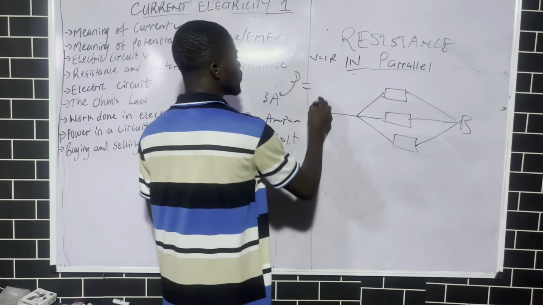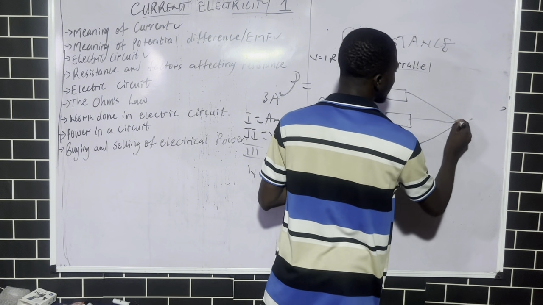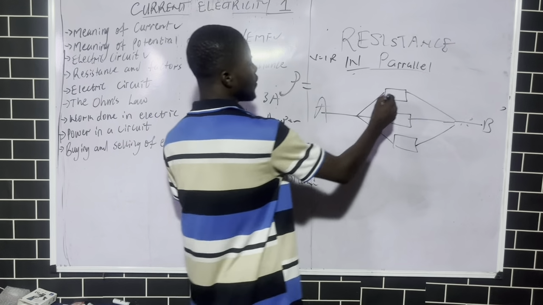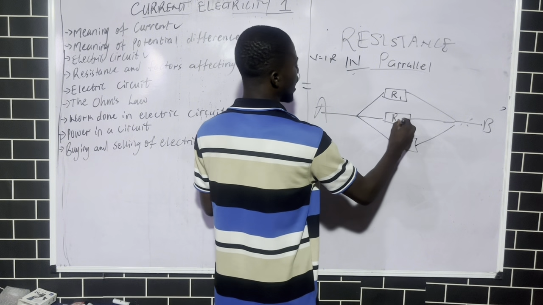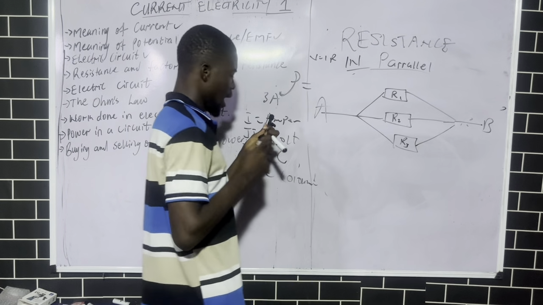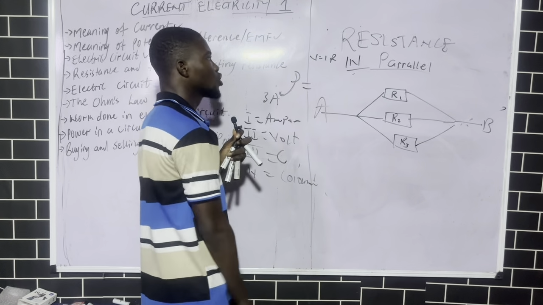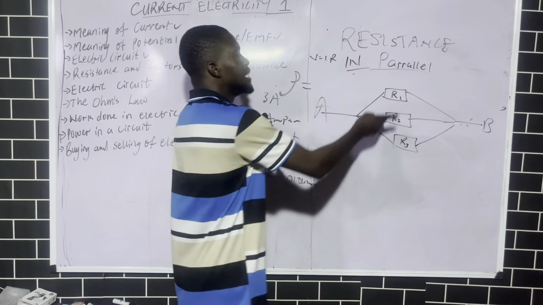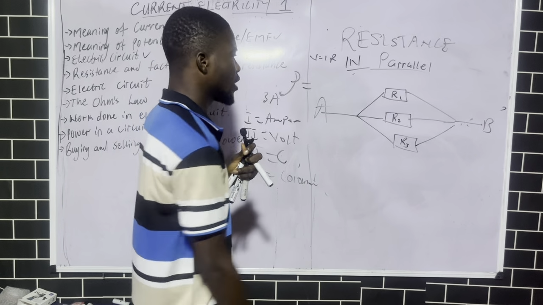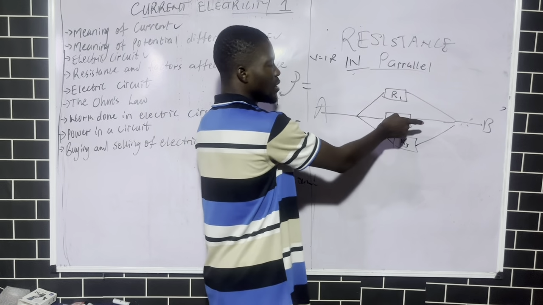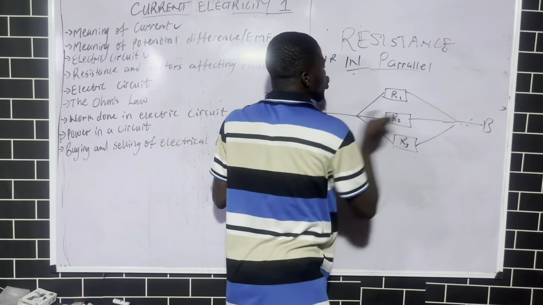This is point A, this is point B. So we have R1, R2, R3. Are you seeing this now? So this is what we call resistors in parallel. When the resistors are arranged in parallel, you see, they are not joined end to end. You can see that they are different. The only way all of them are connected is at the two ends.